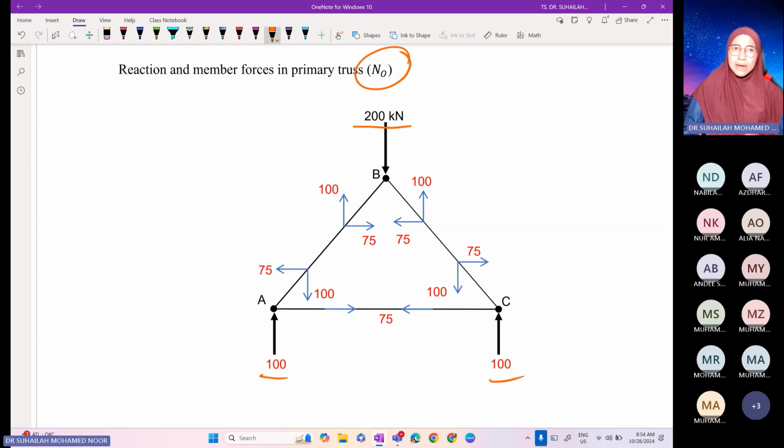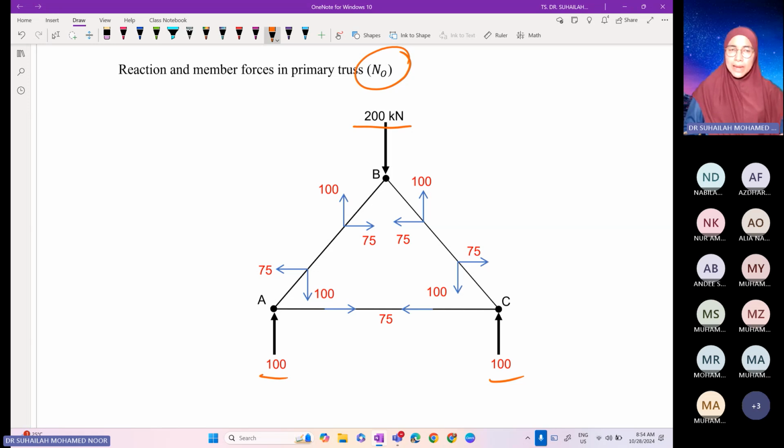Okay. And method of joint or method of section is actually just the method for when you first learn about truss. Once you have understood internal forces in truss, which we can calculate using method of joint and method of section, this time we do not need to do it again.